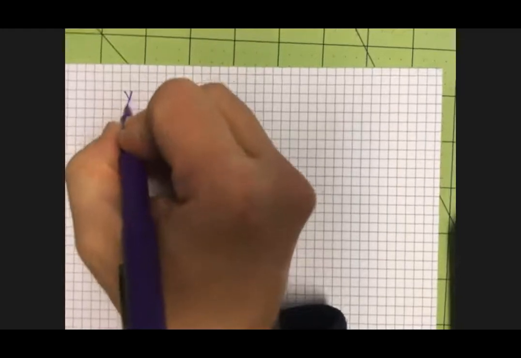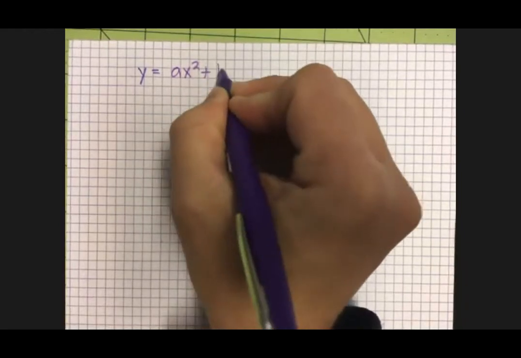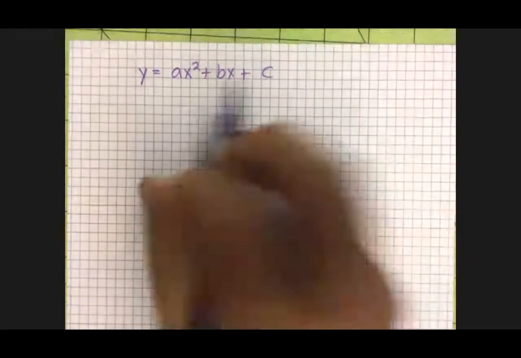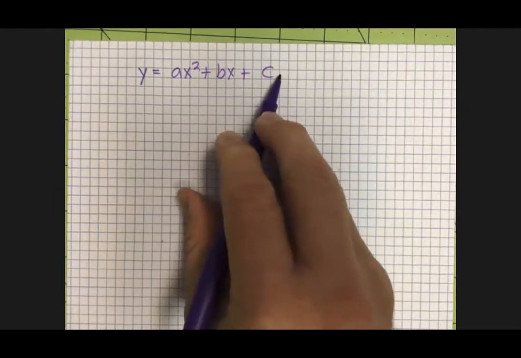Let me draw a parabola not in standard form. Oh, sorry, I jostled the table. Now this is called standard form, where you just give a straight ahead, ax squared plus bx plus c.